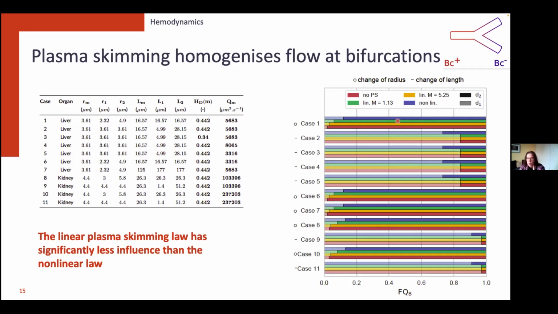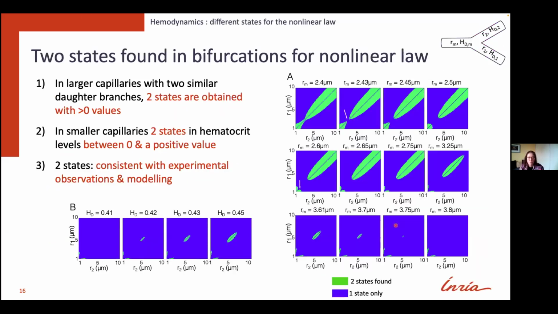And so what we see is that each time the nonlinear law first has more influence compared to no plasma skimming than a linear law. And also it tends to be closer to 0.5. So it's tending to homogenize the flow in the system in simple bifurcations.